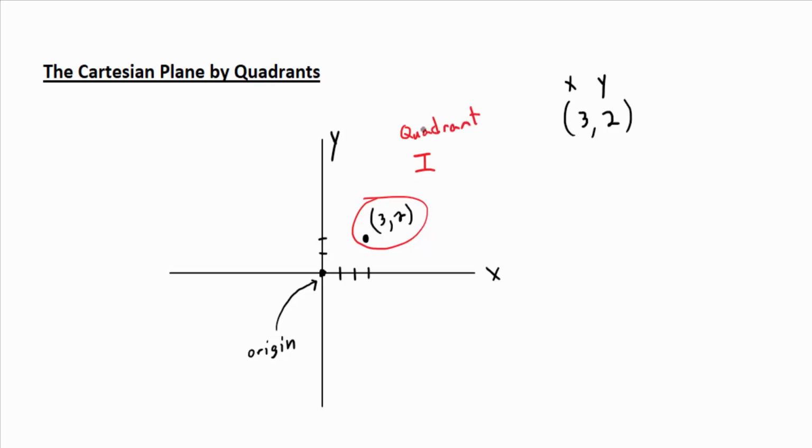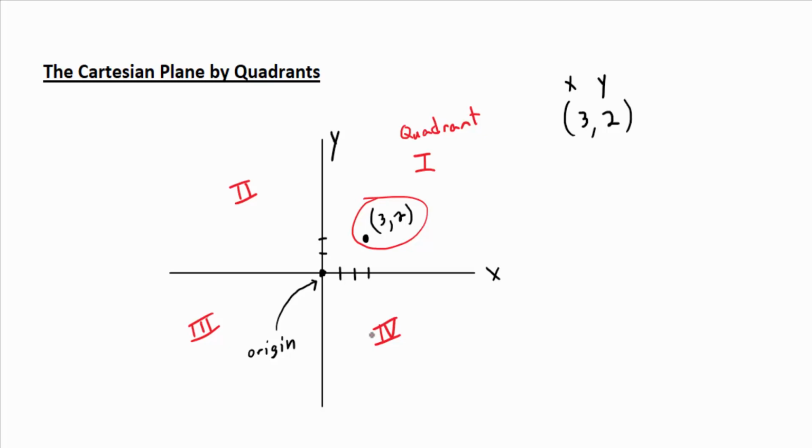And then, remember, we go counterclockwise? So counterclockwise, this upper left-hand quadrant is called quadrant 2. The quadrant where everything is negative, both coordinates are negative, is quadrant 3. And then finally quadrant 4. And that's the Cartesian plane by quadrants.